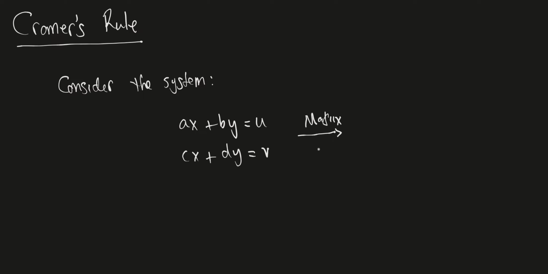Here is the matrix form. Our variables are x, y. That makes the coefficient matrix the typical way we've been writing down our general 2 by 2 matrix: a, b, c, d. Then our variables make up this x, y column, and the u, v will make up another column for my constants.